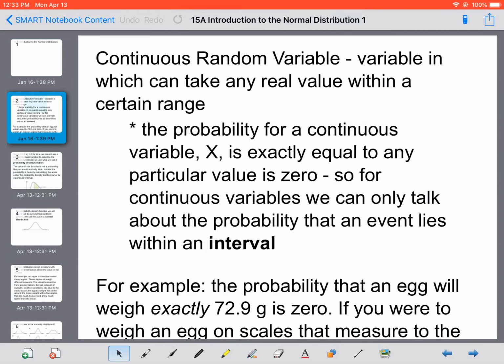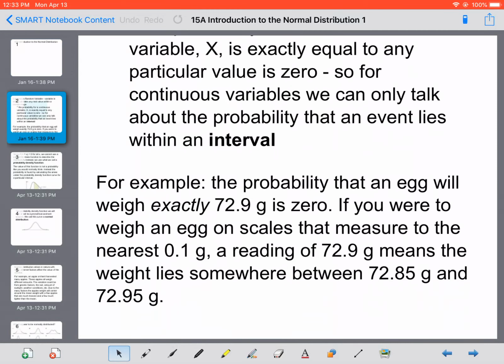So, for example, if I say find the probability that an egg weighs exactly 72.9 grams, well, that is zero because we are weighing an egg, and we know that whatever scale we use to measure that egg, it is going to round it.